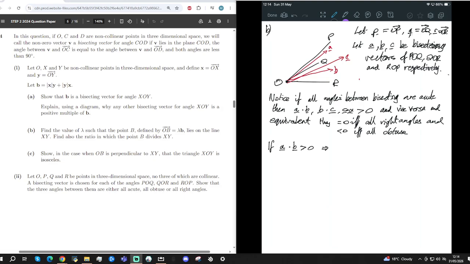Well, A is the vector mod P Q plus mod Q P, dotted with B, which is Q and R, so mod Q R plus mod R Q. That's positive.